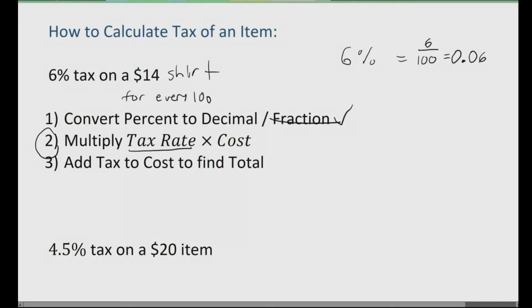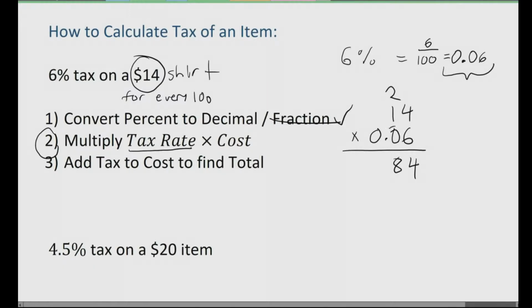So let's take this tax rate and multiply it with our $14 shirt. 14 times 0.06. 6 times 4 is 24. 6 times 1 is 6, plus 2 is equal to 8.